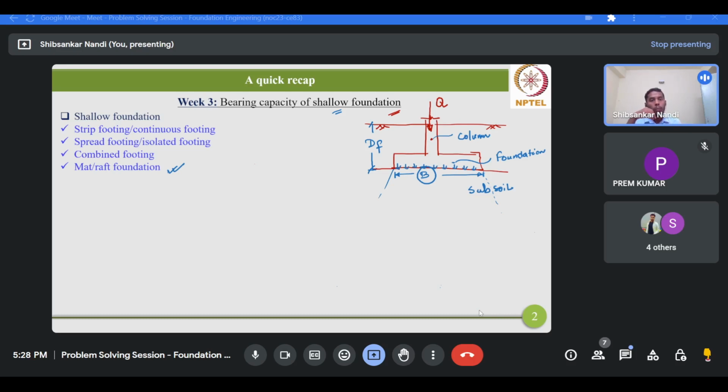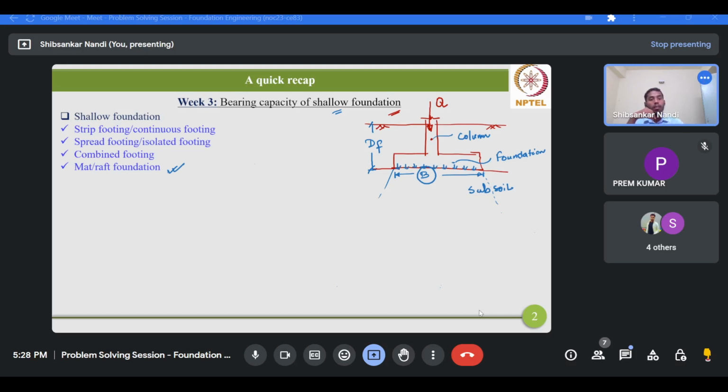Okay, so depending on the scenario, you have to adjust your design. For that, this concept or in-depth knowledge of shallow foundation or any foundation is very, very essential for any geotechnical engineer.